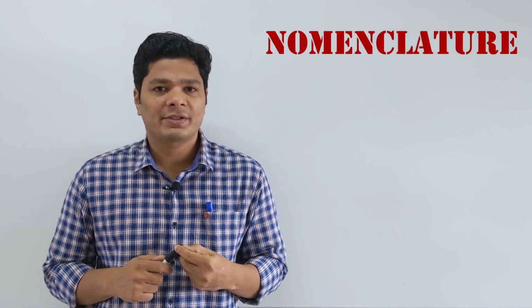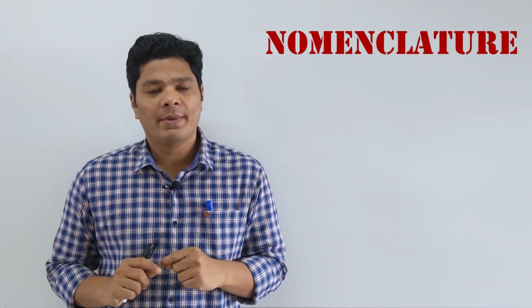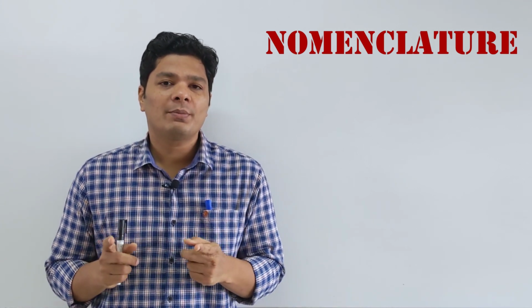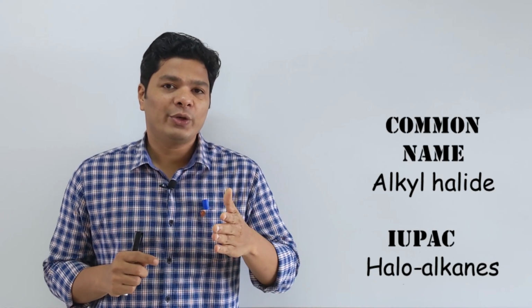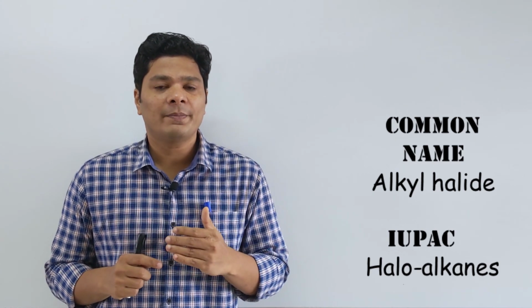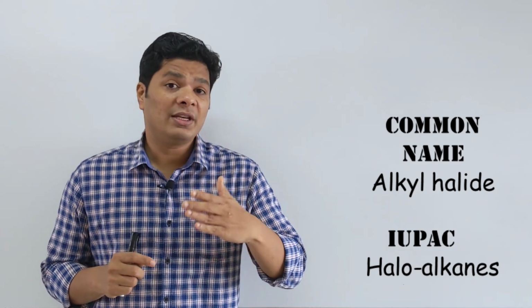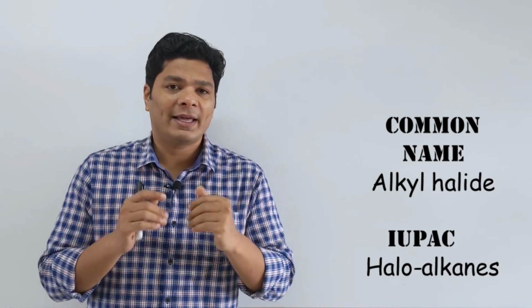Naming of alkyl halides. Now, when it comes to naming, there are two types of naming. One is the common name and one is the IUPAC name. When it comes to common name, you just call them alkyl halide. But when it comes to IUPAC, you don't end with a halide because halogens don't get preference in IUPAC listing. Halogens are actually the least priority among all. So, you actually name them as haloalkanes.